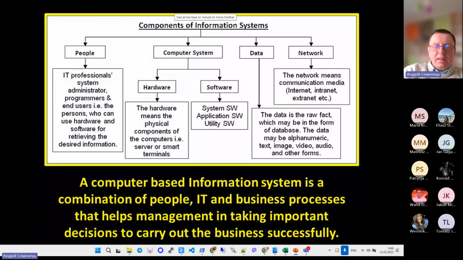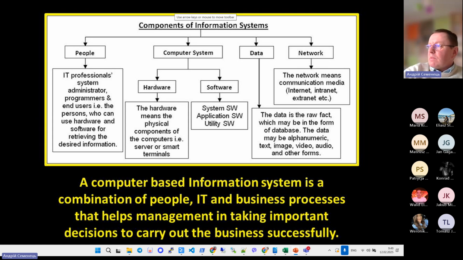It could be depicted in the following chart, when we talk about complex information systems. First of all, of course, we consider hardware and software solutions. We have to take into account data which is processed, and the computer network, because all modern information systems are network-based. But it is also people. It is not only staff, those who develop and those who support, but also customers at both sides.